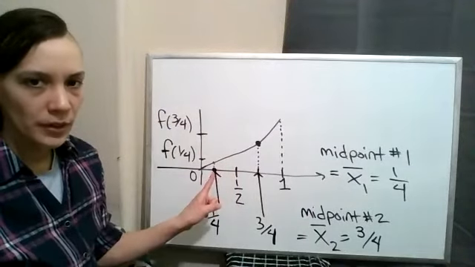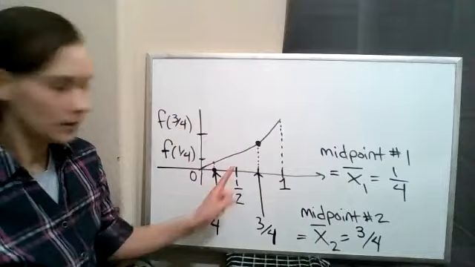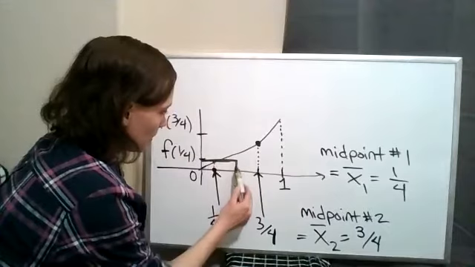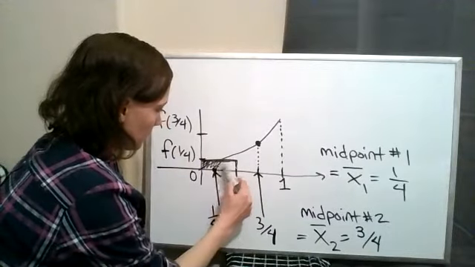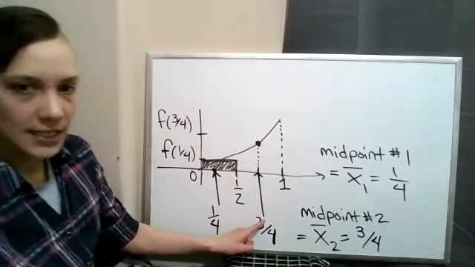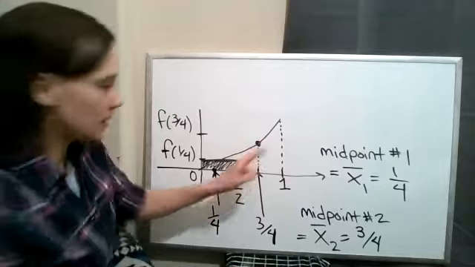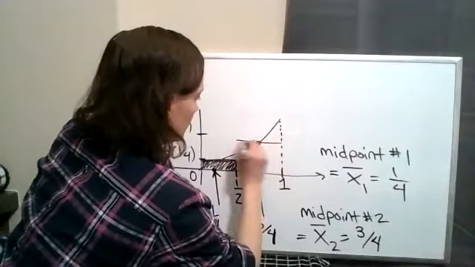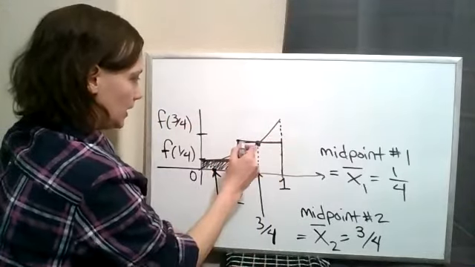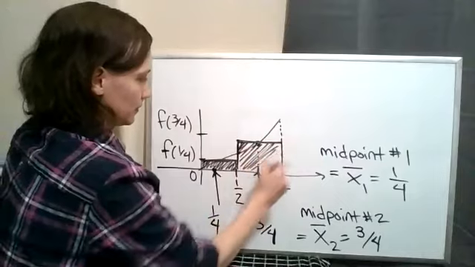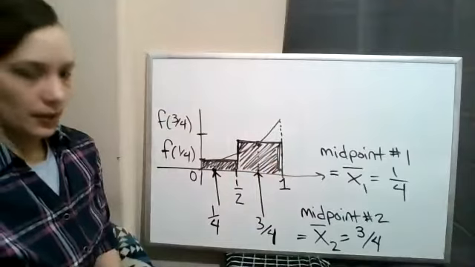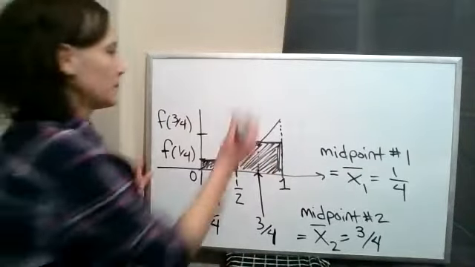So we're going from 1/4 up to the curve and making a rectangle with that as the height. Then the other rectangle has a height of f of 3/4, so that's the top. It comes down.